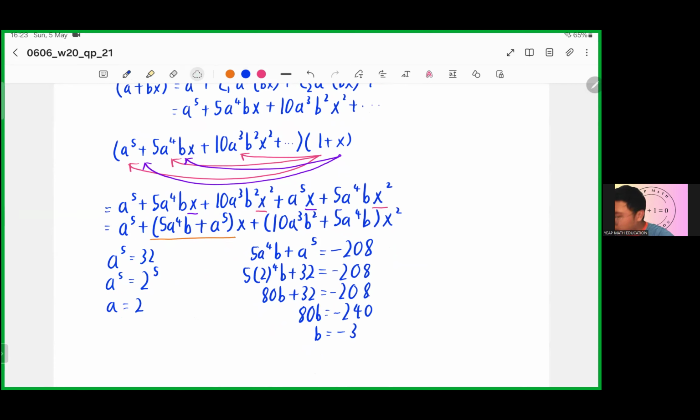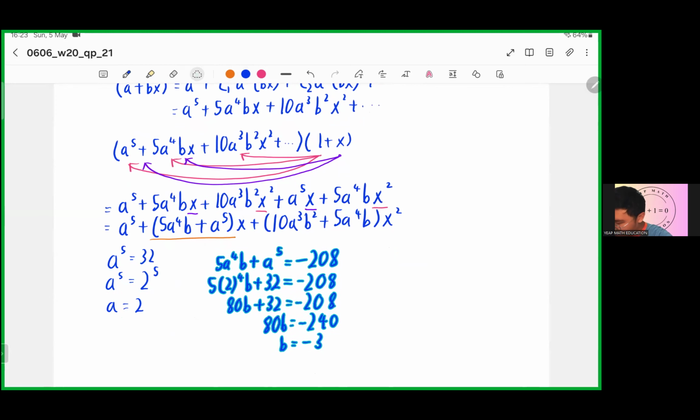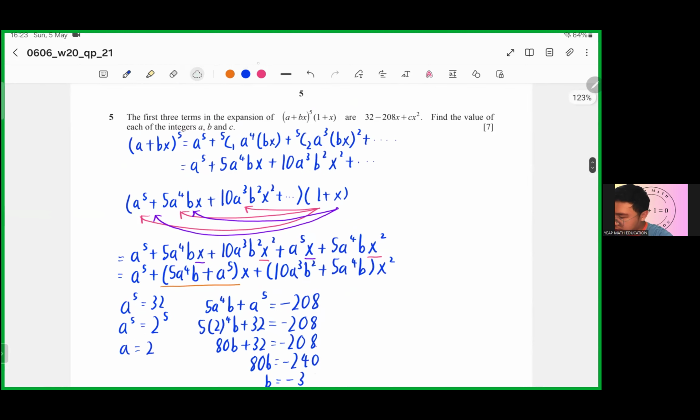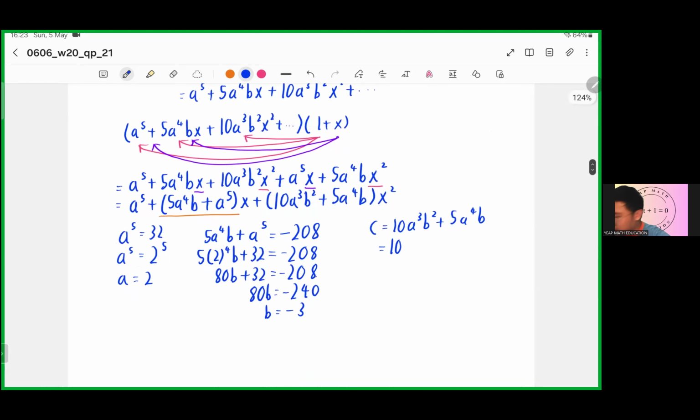Now we need to find the value c. c equals to 10a cubed b squared plus 5a to the power 4 b. What we got for a and b, we just substitute it: 10 times 2 cubed times negative 3 squared plus 5 times 2 to the 4 times negative 3.